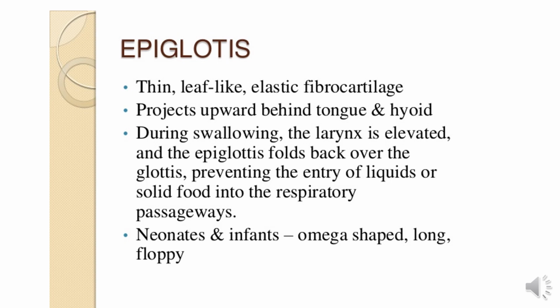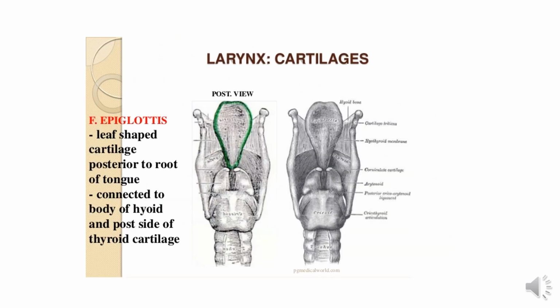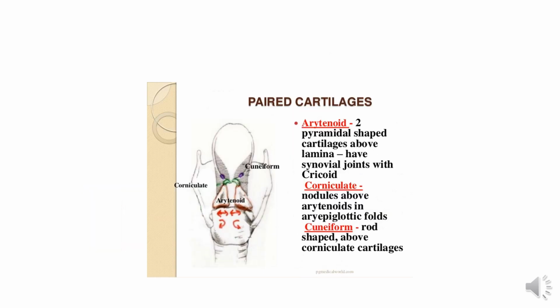During swallowing, the larynx is elevated and the epiglottis folds backward over the glottis, the entrance of the larynx, to prevent fluid or solid food from entering the respiratory passage. It is omega-shaped in infants. We see the surface of the epiglottis here and its attachment.